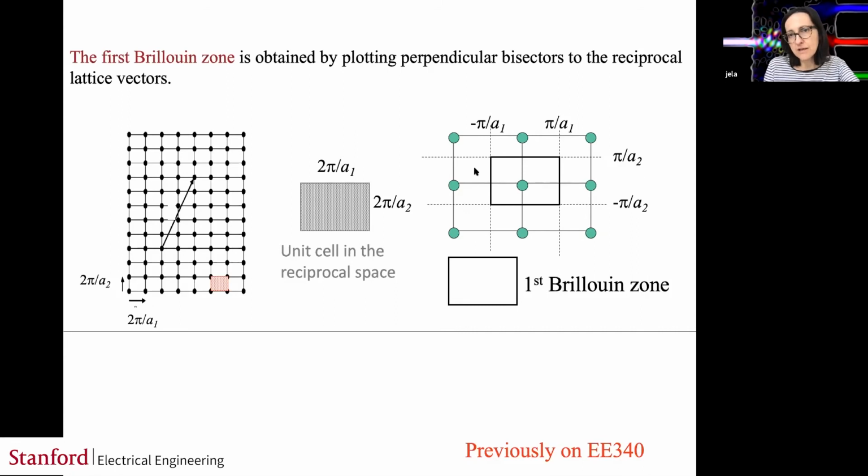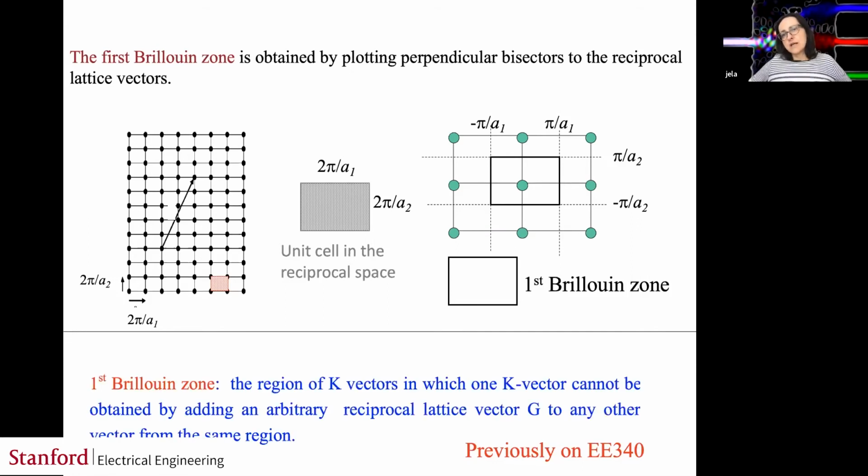So you draw the reciprocal lattice, then you draw perpendicular bisector planes to nearest neighbor connections, and whatever region of space you define in that way is your first Brillouin zone. And the first Brillouin zone is important because the distance between any 2 arbitrary points in the first Brillouin zone cannot be described with reciprocal lattice vectors. So if you pick any point there and add any arbitrary reciprocal lattice vector, you are going outside of the Brillouin zone. And that's the reason why it's introduced that way.